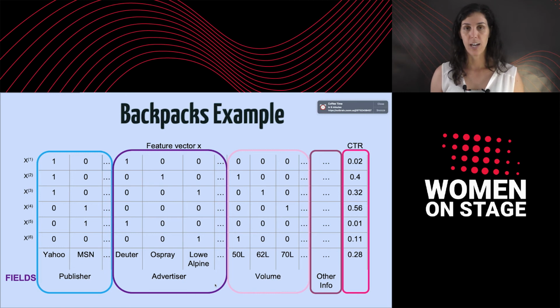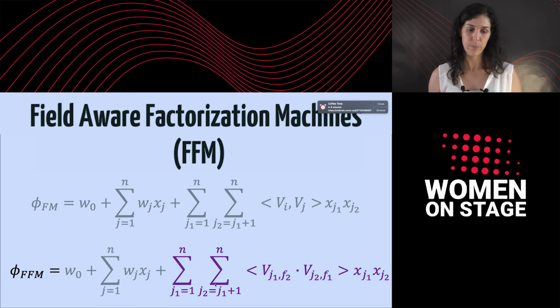Publisher, advertiser, and volume will now be called fields, and their categorical information, such as Yao, MSN, Deuter, Osprey, Low Alpine, 50 liters, 62, etc., will be called our features. Why these terminologies? Let's go to the equation and we'll see the difference.